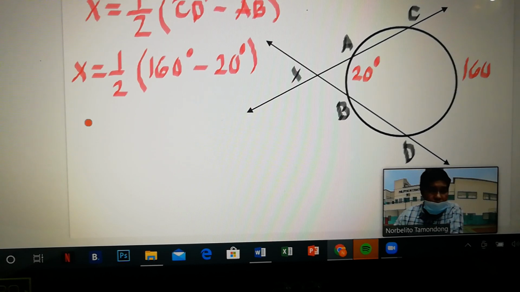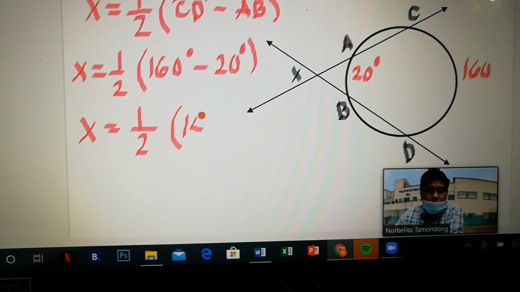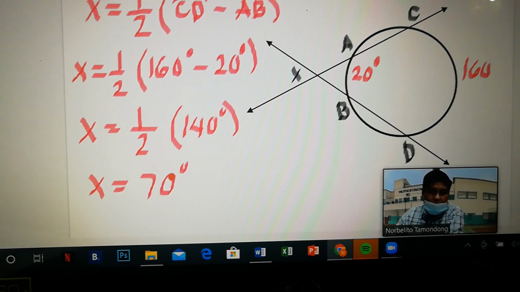So X is equal to 1/2 of 160 minus 20 degrees, 140 degrees. So the measure of the angle formed intersecting outside is half of 140, which is equal to 70 degrees.